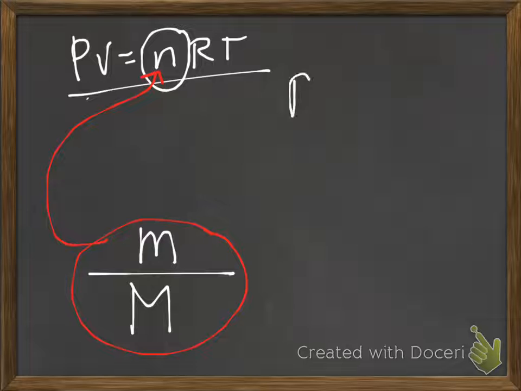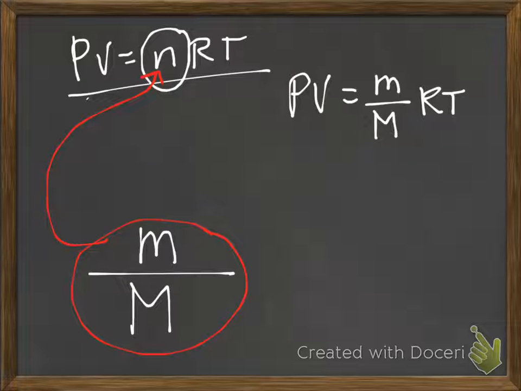So now what we have is PV equals little m over big M RT. Or it's more commonly written as PV equals little m RT over big M.